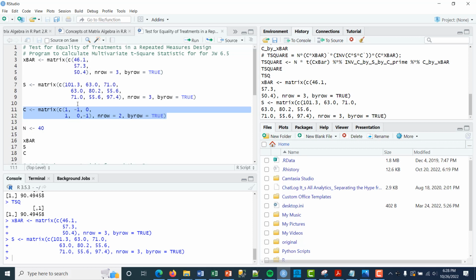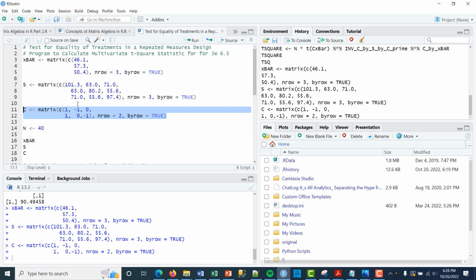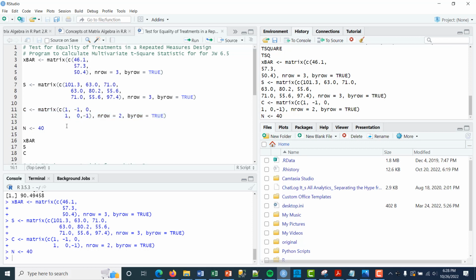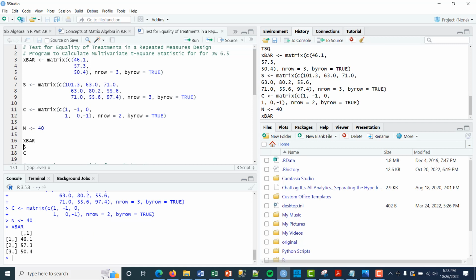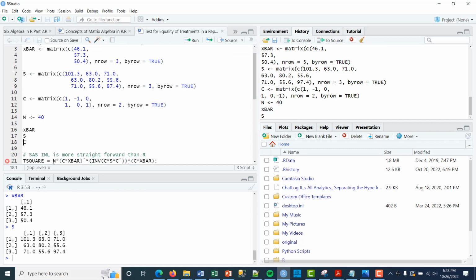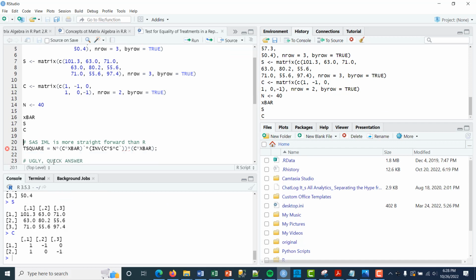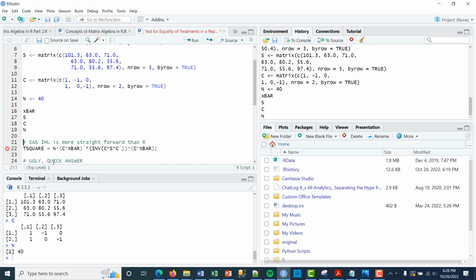That's going to be a 2 by 3. And then the sample size will be 40. I'll do that, and then I'll just make sure that I got everything that I want. So in the lower left panel, there's the X bar, there's a covariance matrix, there's C, and I probably should have typed in N, and N is 40.